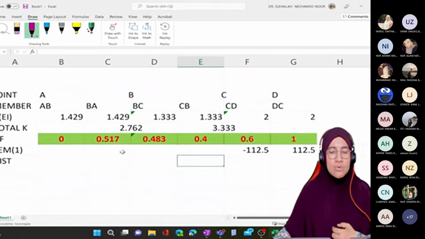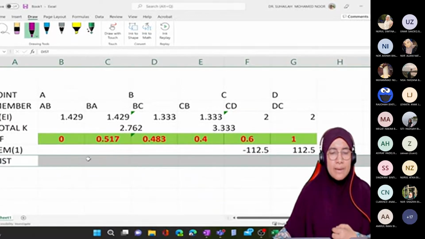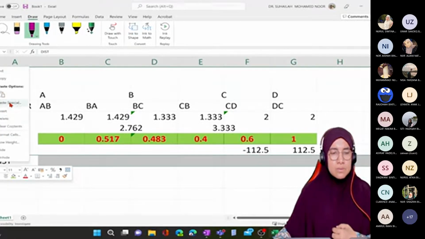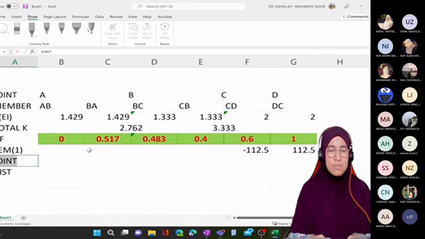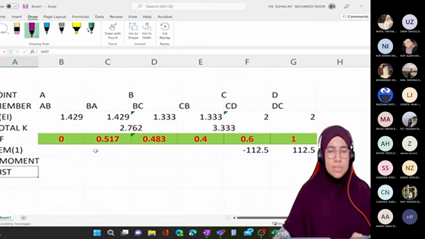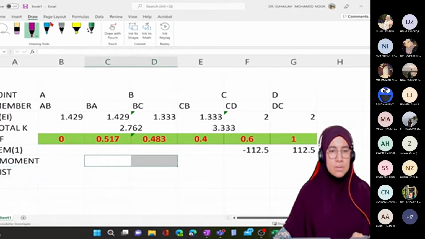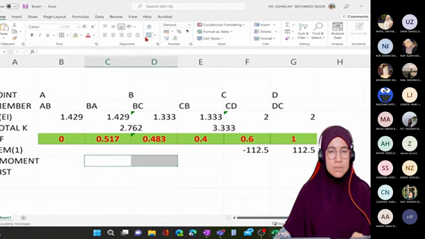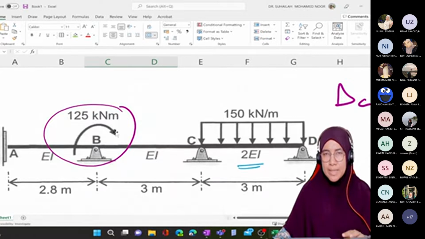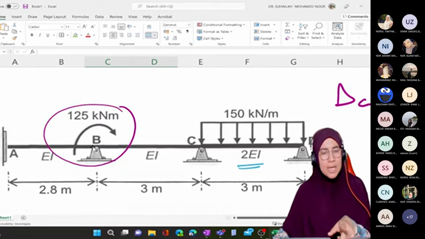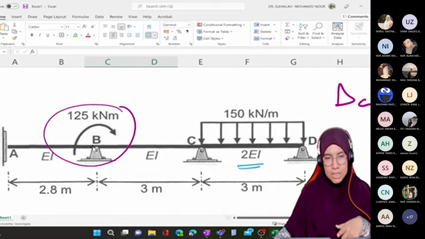So how to do that? We have to distribute. You can have the joint moment here if you want. And that is why understanding the concept is very, very important. This joint moment is clockwise.